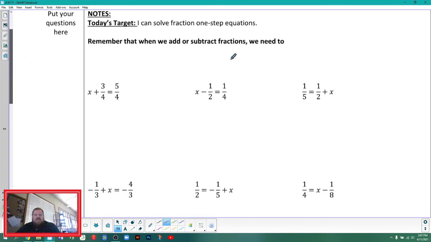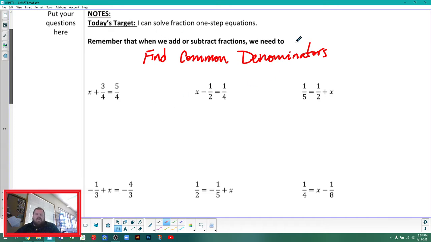So for starters, remember that when we add or subtract fractions, we need to find common denominators. All right, that's a necessity, is that we need to find common denominators.